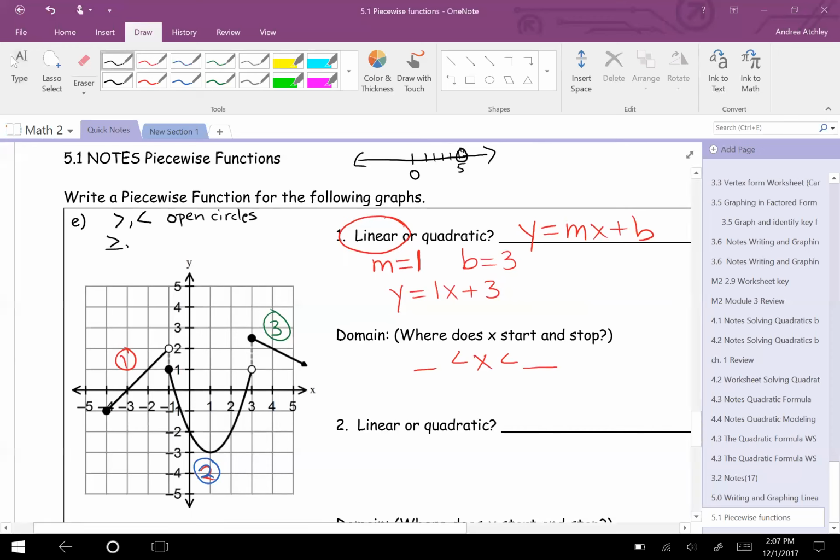Greater than or equal to and less than or equal to are closed circles. Let's just review that that is a greater than sign. It's greater than or equal to, and this here, just in case we forgot, is a less than sign, less than or equal to.